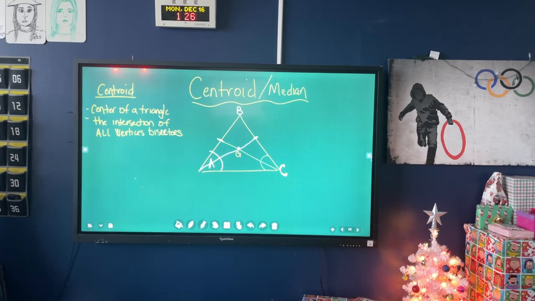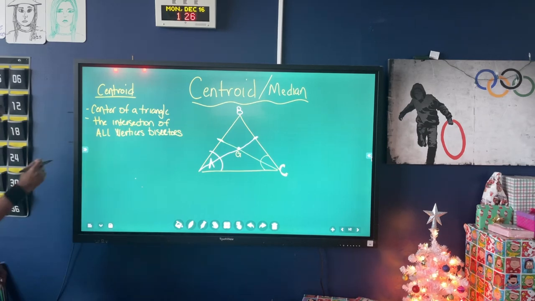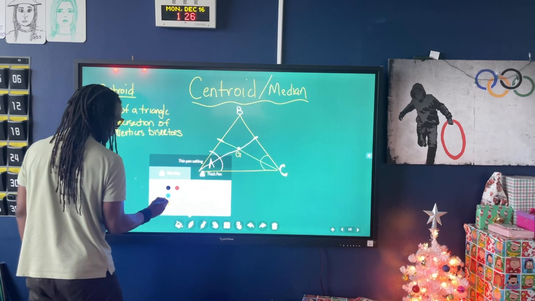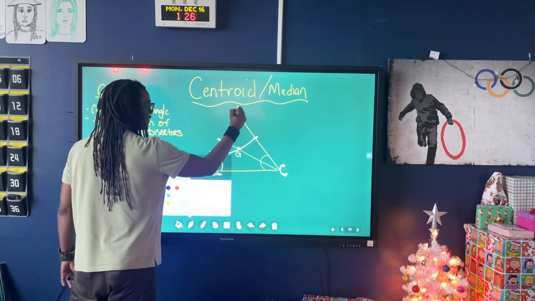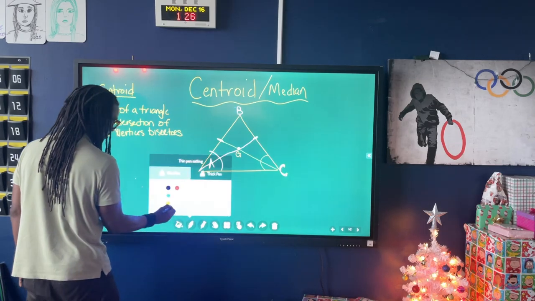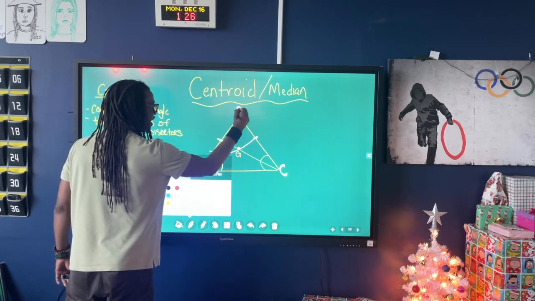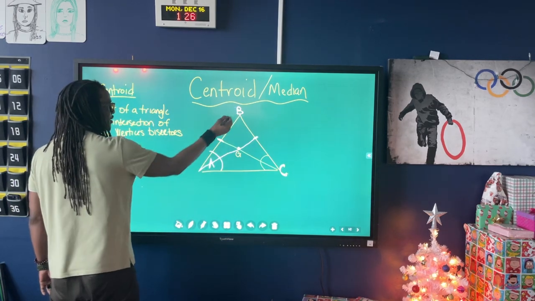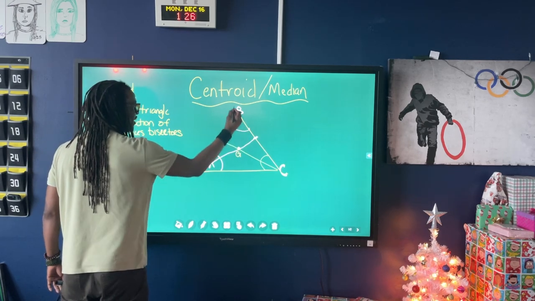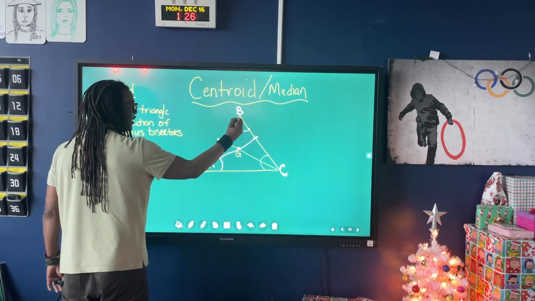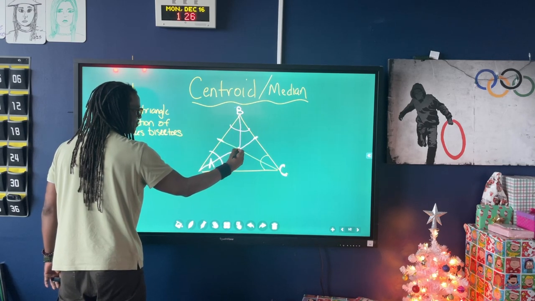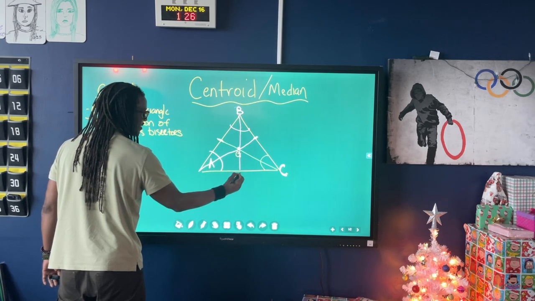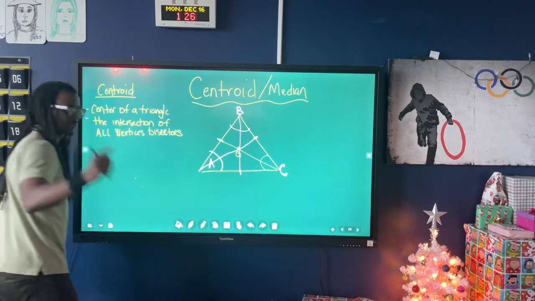Let me see how much y'all are with me, because if you're with me, you should be able to nail this last third one. This third one is angle B. I gotta put it in a color that shows up. The bisector of angle B, the angle bisector, gives me the midpoint of what segment? AC. Very good.